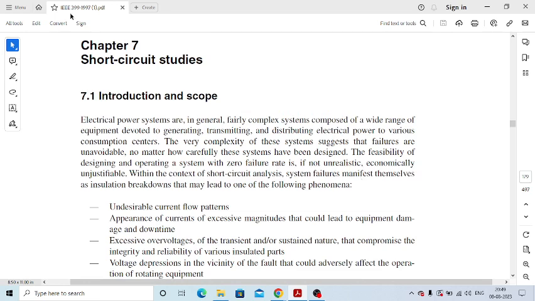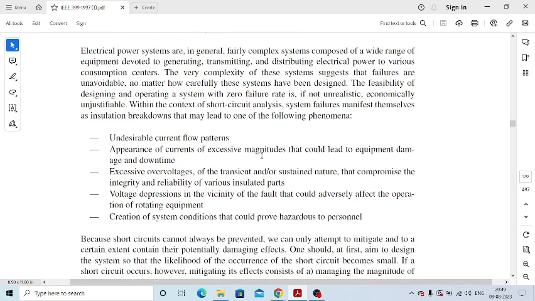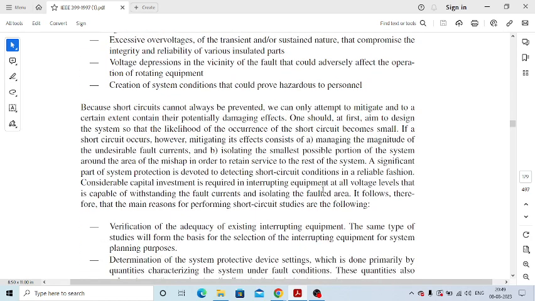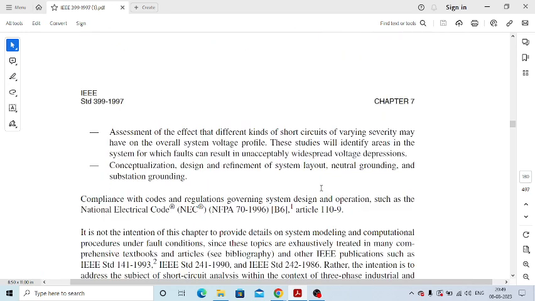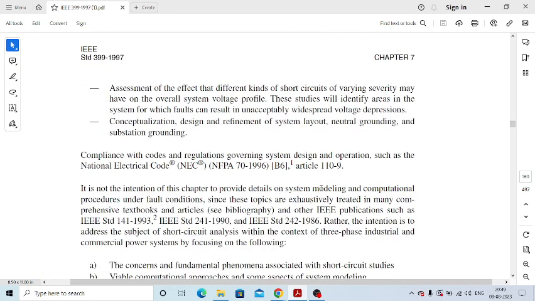In IEEE 399, Chapter 7 deals with the short circuit analysis. In Chapter 7, they have provided the theoretical information about electrical short circuits. In the previous session, I told that I think Chapter 6 is for the load flow analysis, so all the information relevant to load flow analysis is available there.